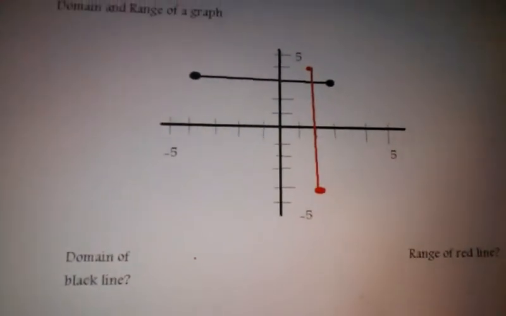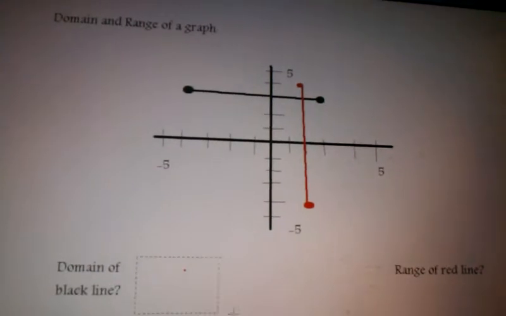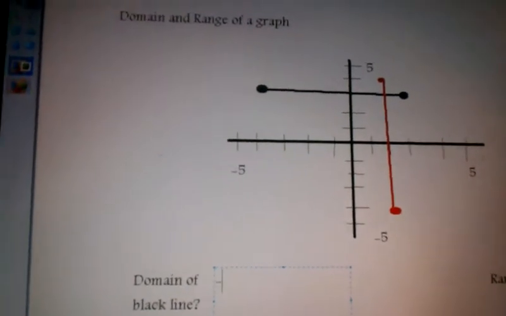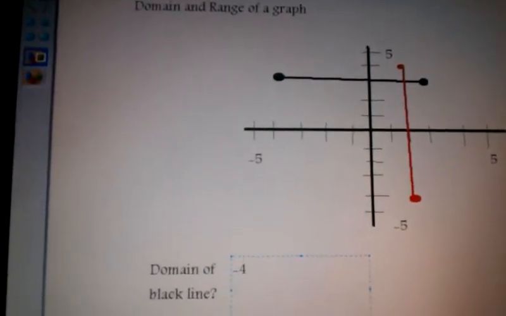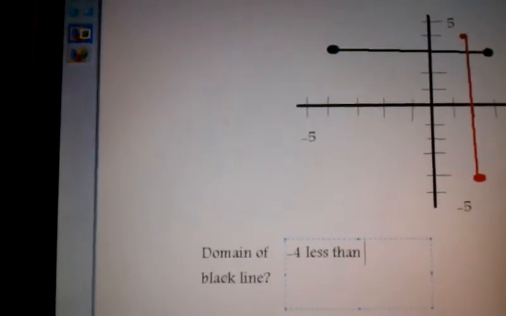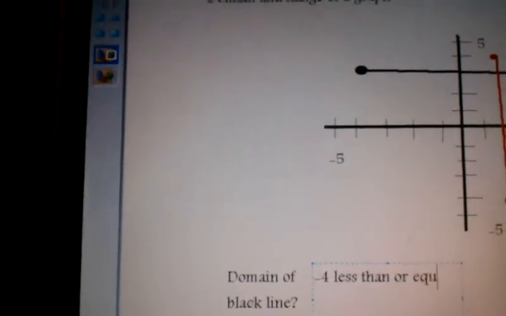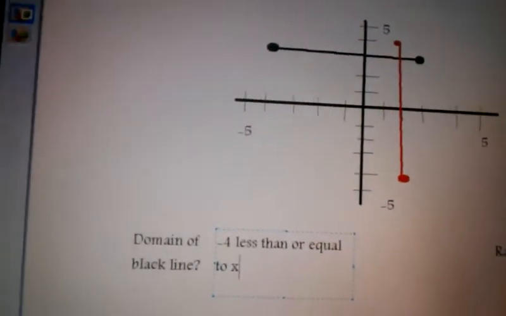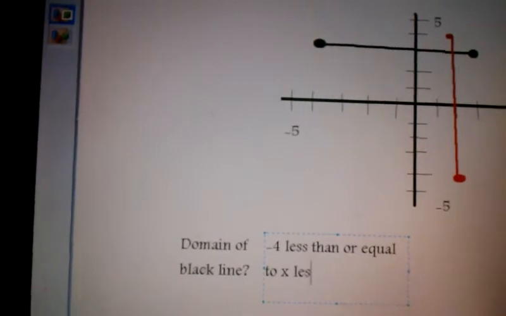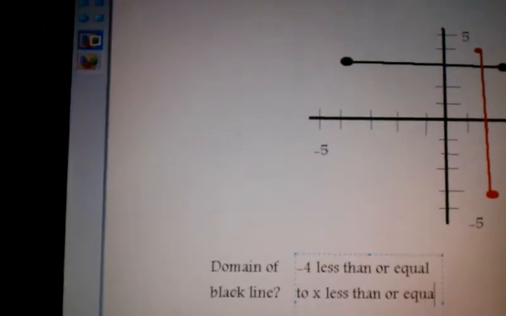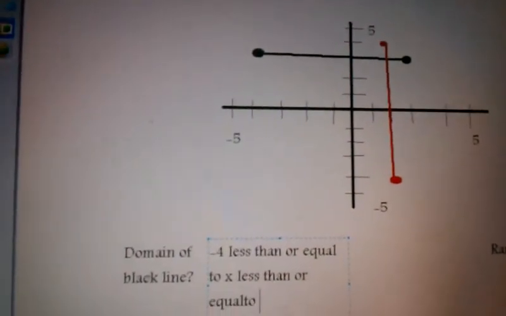As you can see, there's a black dot at -4, so that would be our first coordinate for the x term. -4 would be less than or equal to our x value, but our x value is also less than or equal to 3.